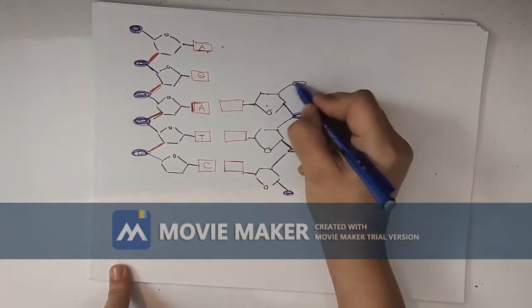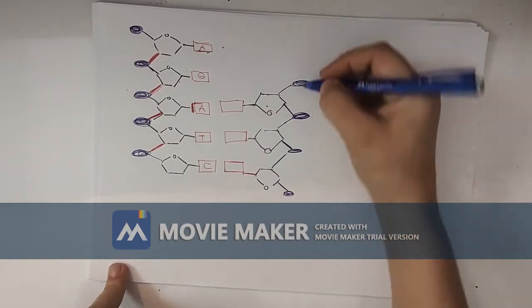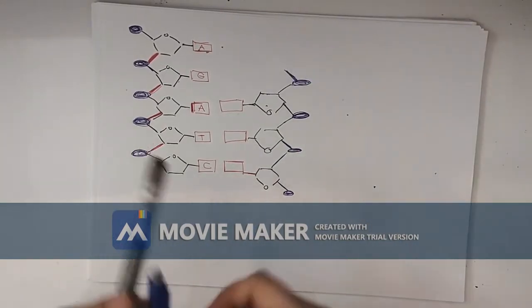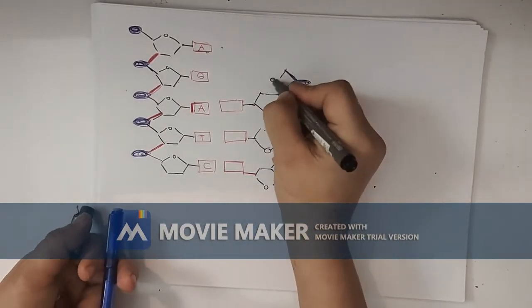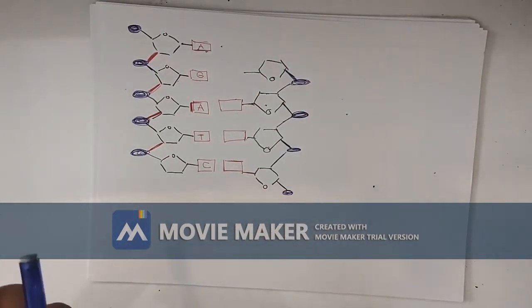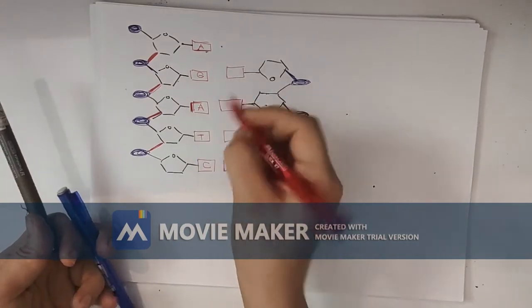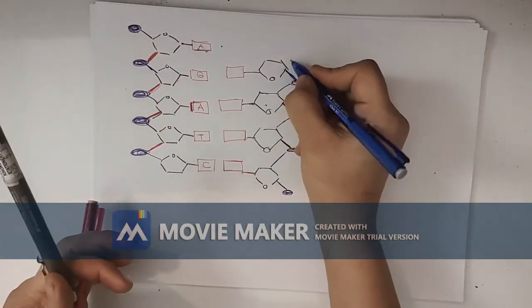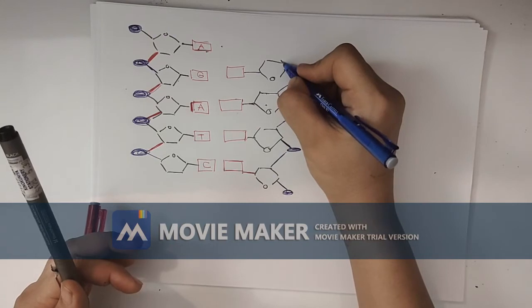We go on and on and on. Here we have one sugar molecule again, and here is the base. And again, until we finish.